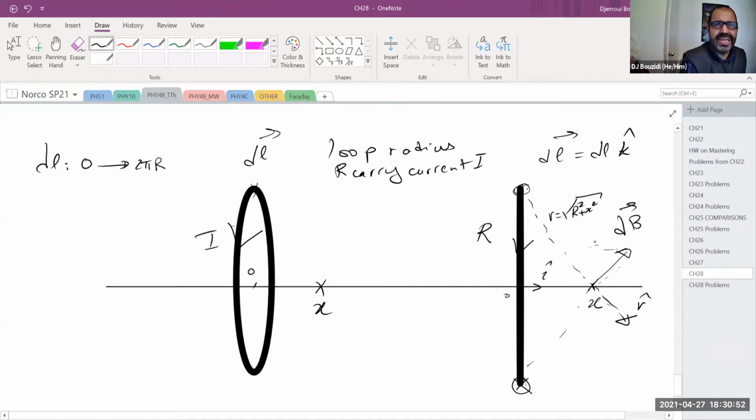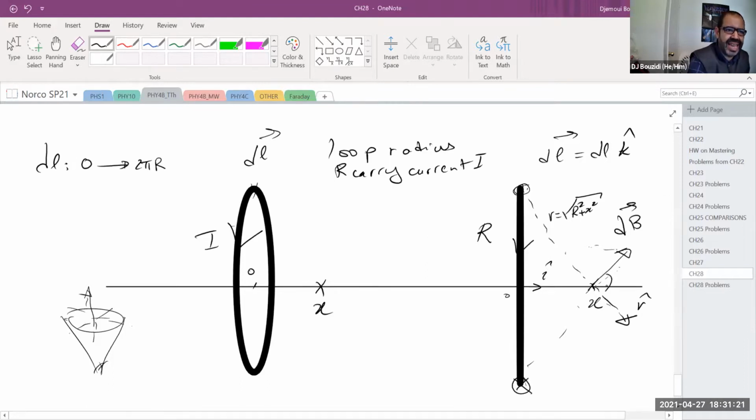So they will mutually cancel in the direction y, and they will also mutually cancel in the direction z, because this point will have a component that is perpendicular, and the point on the other side will have a component that is perpendicular, and they will also cancel. So in other words, it's going to appear like a cone like this one. This direction will cancel, every single direction will cancel. The only direction that is going to survive is this direction, because they will add up.